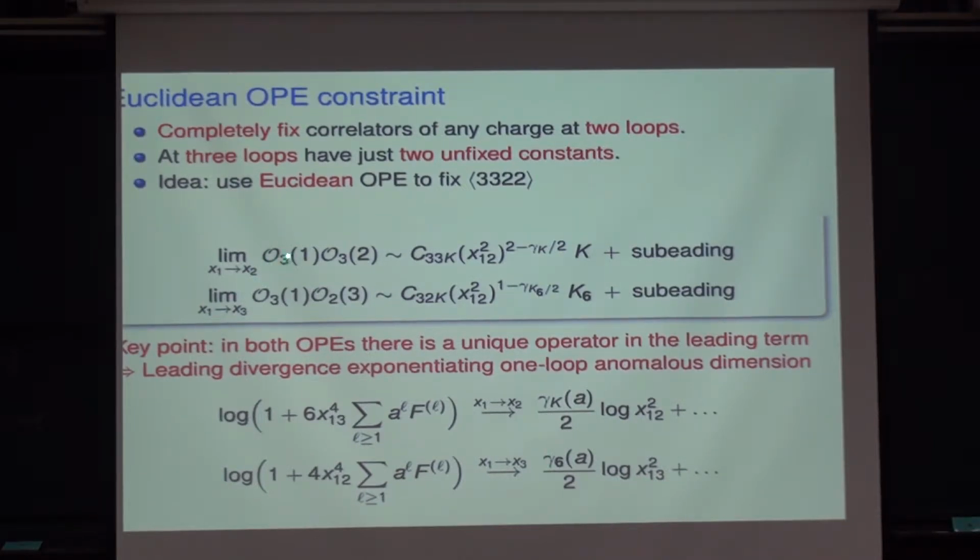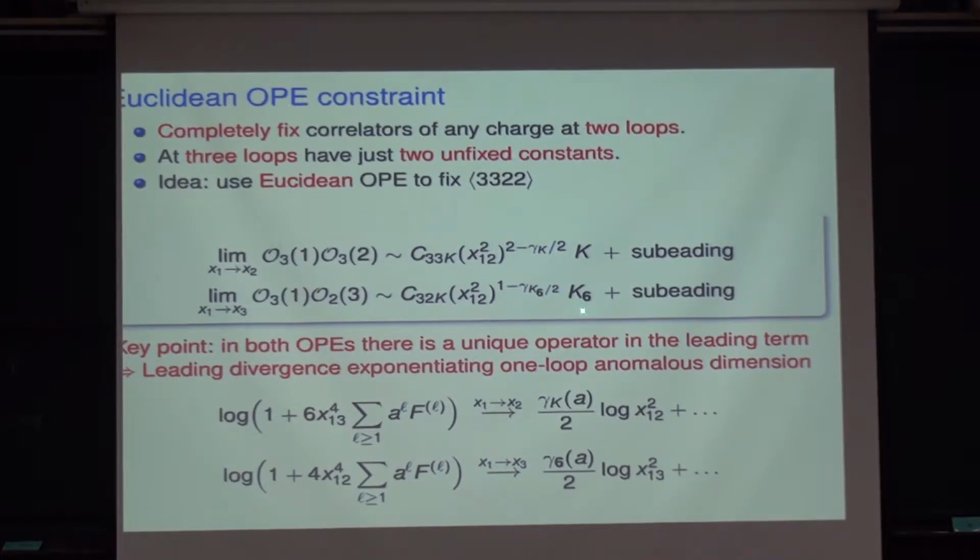And if I take the 3-3, or the 3-2, or indeed the 2-2 case, I end up with this structure. This is the leading structure in the interacting theory. This is a so-called Konishi operator. This is its anomalous dimension, and then you get this power of x12 squared and this 3-point function.